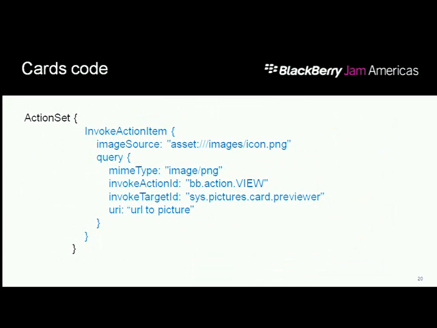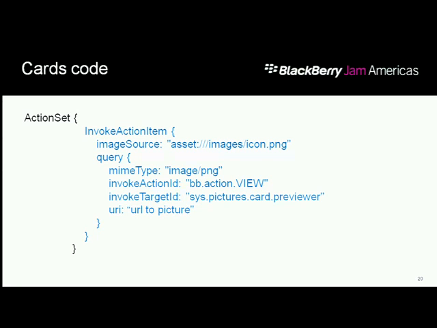So in this case, I choose to present it in the context menu. And for this, you have the query property, and you can set, in this case, that it's an image. I say which action, which basically says how I'm going to invoke this and how it's going to look on the context menu.